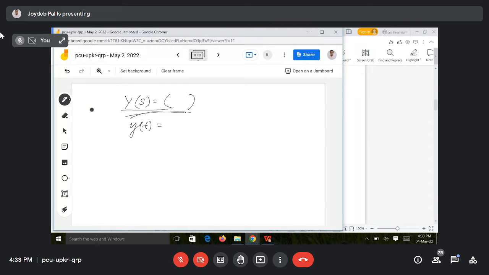Now here from Y of s to y of t, if you see that Y of s is a product of two functions f of s into g of s, तो y of t निकालने के लिए कॉन्वोल्यूशन यूज कर सकते.